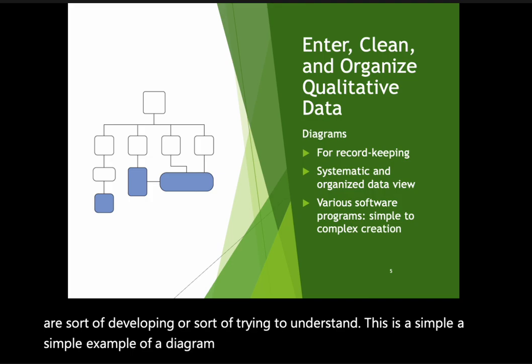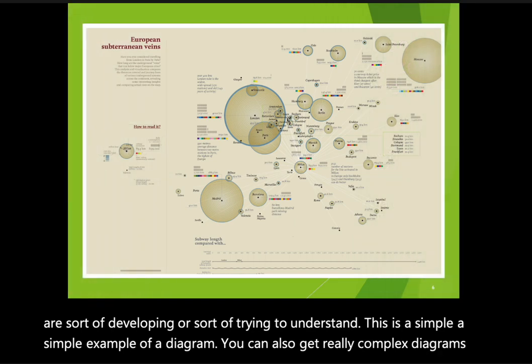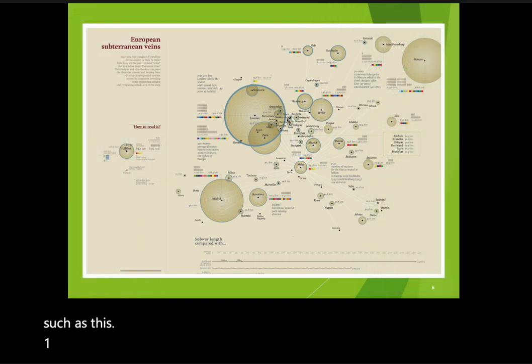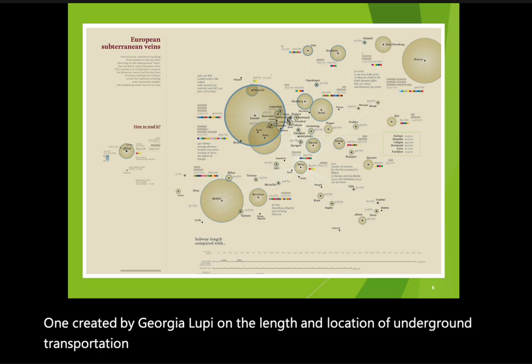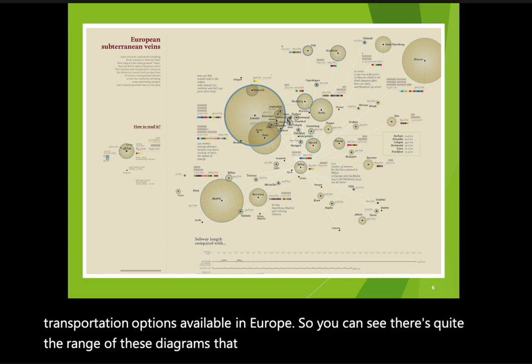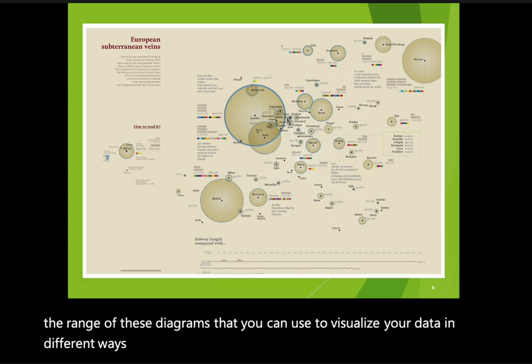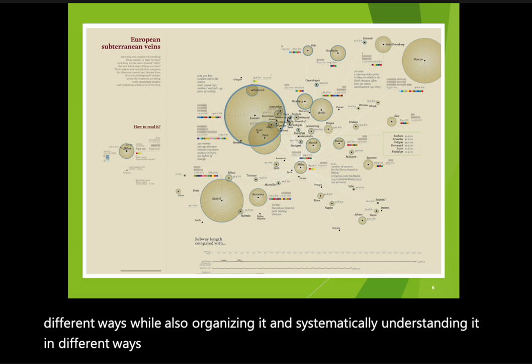You can also get really complex diagrams, such as this one, created by Giorgia Lupi on the length and location of underground transportation options available in Europe. So you can see there's quite the range of these diagrams that you can use to visualize your data in different ways while also organizing it and systematically understanding it in different ways.